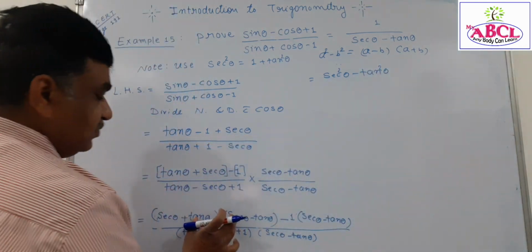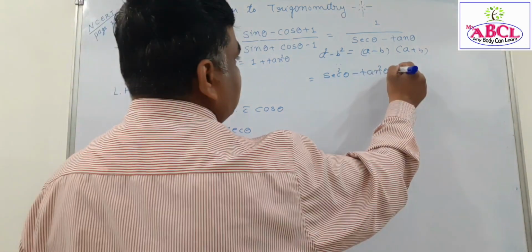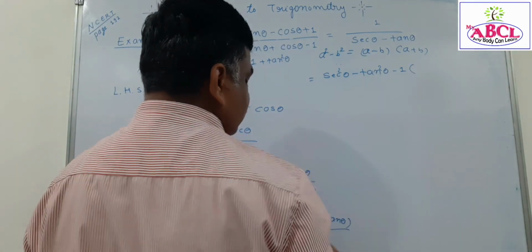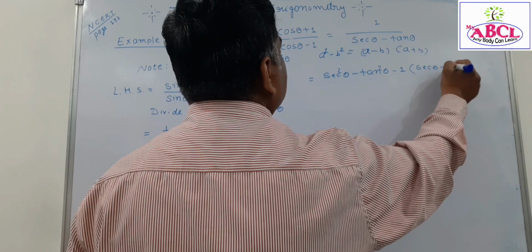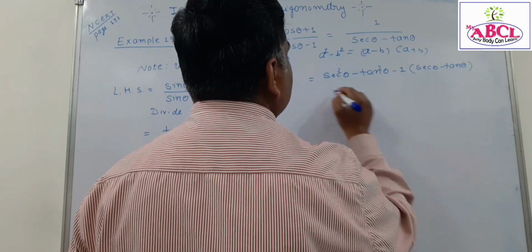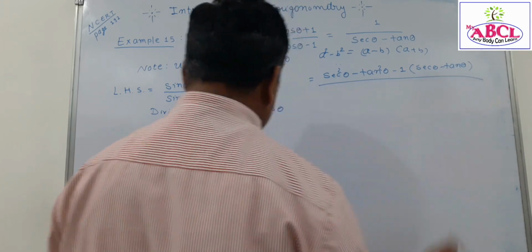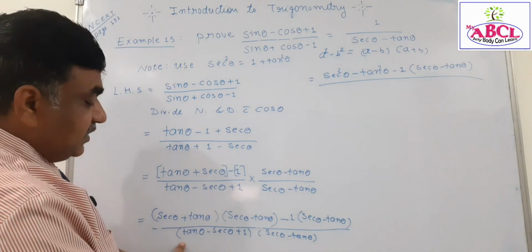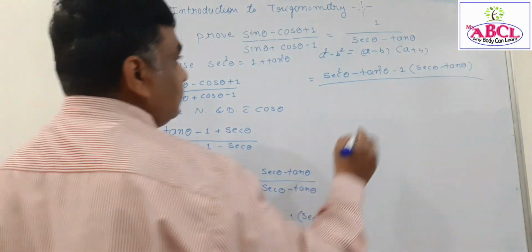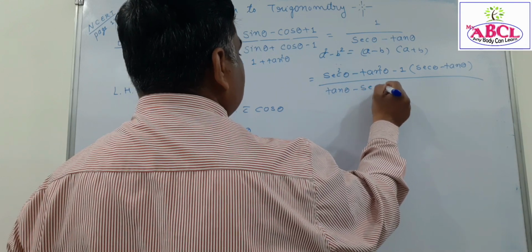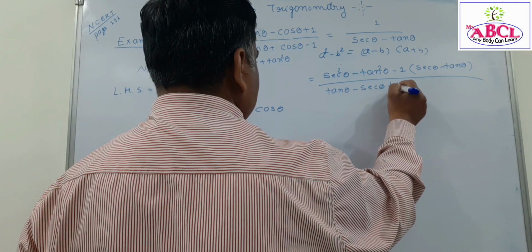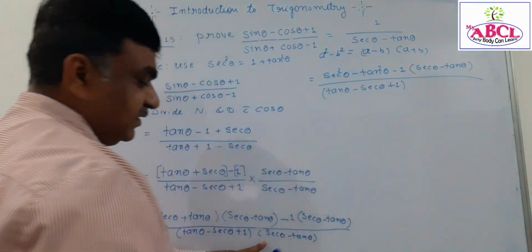Now minus 1 into sec theta minus tan theta, and in the denominator same, no change, tan theta minus sec theta plus 1 and sec theta minus tan theta.